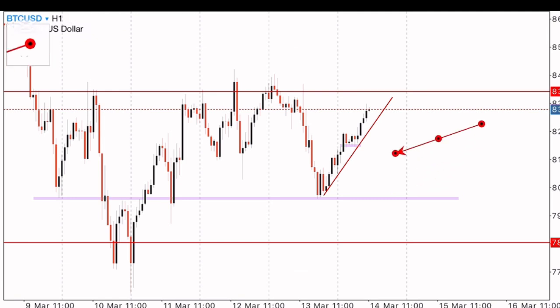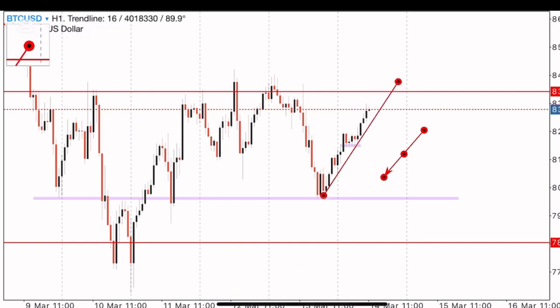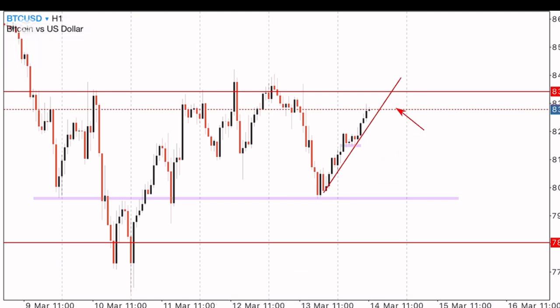You mustn't treat it as a solid line, but as your zone, as an area of value. Okay, so I'm waiting for this patiently. Bitcoin goes here, I'll find a way to enter, using maybe a bearish engulfing pattern or morning evening star. Find a way to sell.